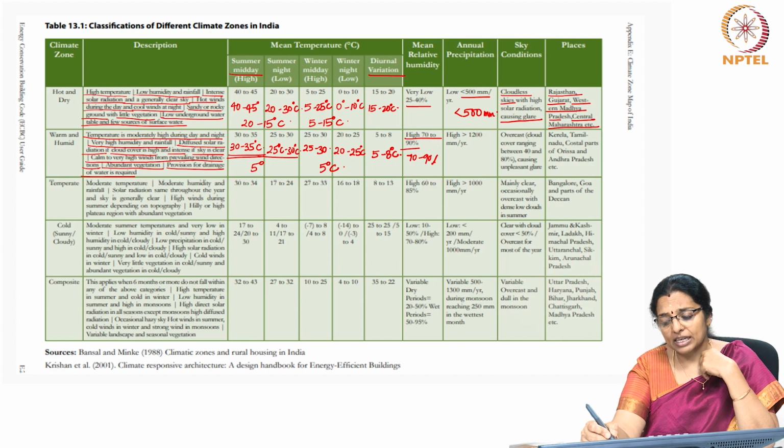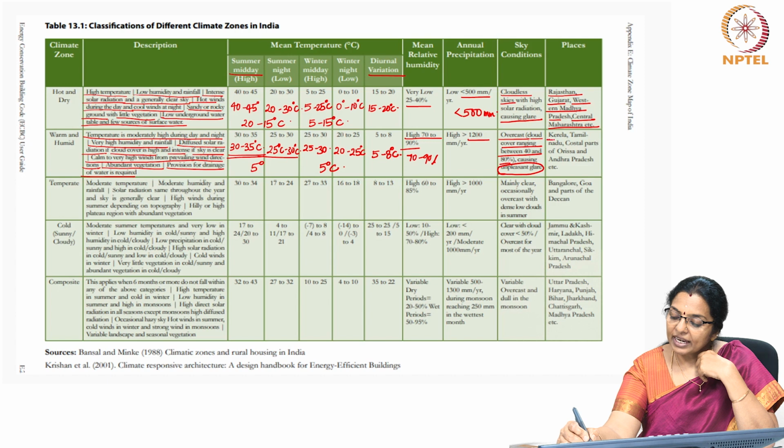Annual precipitation is high, more than 1200 millimeters per year. There is an overcast sky. So, cloud cover ranges between 40 to 80%, causing very unpleasant glare. Places include Kerala, Tamil Nadu, coastal parts of Odisha and Andhra Pradesh.